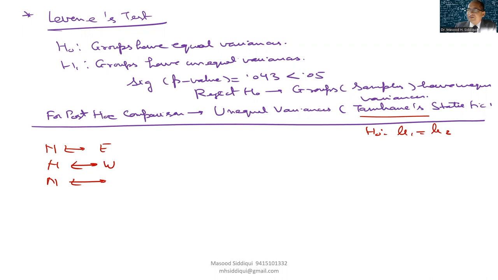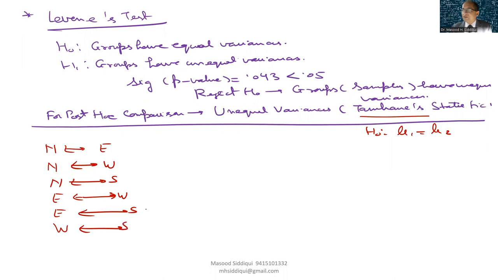Then we have northern with southern. Then we have eastern with western. Then we have eastern with southern. Because once we compare northern with eastern, there is no point of comparing eastern with northern. Right? The t-test being a symmetrical test, it doesn't matter whether you compare 1 and 2 or you compare 2 and 1. And the last one is western with southern. Right? So these are the 6 comparisons that we are going to do.